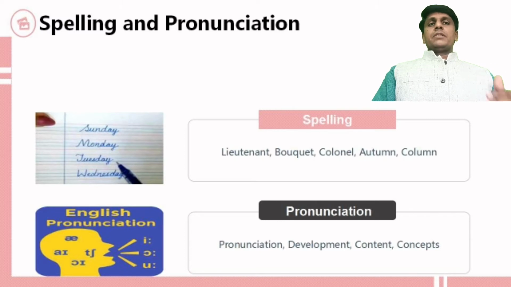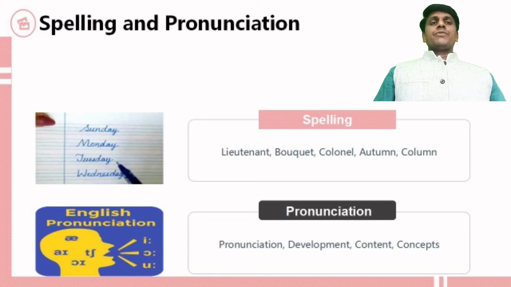Maybe I am in the first year of graduation, second year, or third year of graduation, or I completed my graduation. What is there to talk about spelling and pronunciation? But let me remind you, it is small but very important.